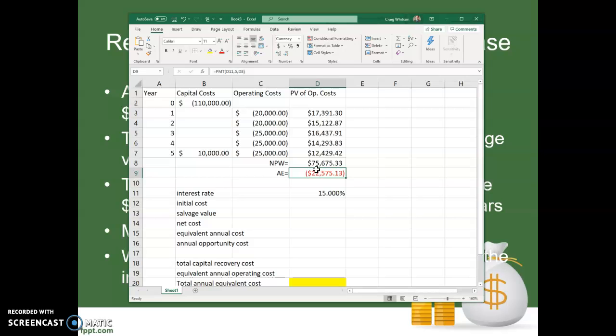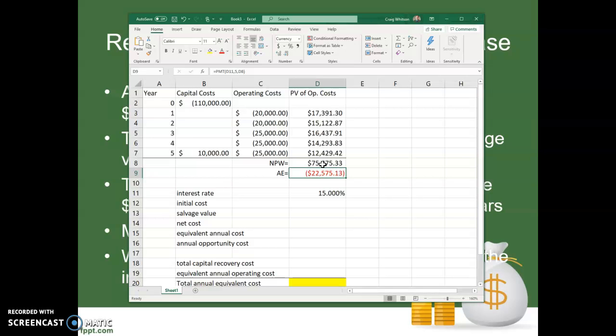So instead, we find all of their present values with our interest rate. We add them all up to find the total value, and then we spread it back out over 5 years using this payment function.